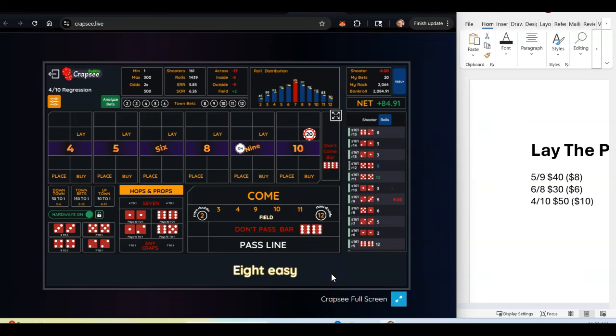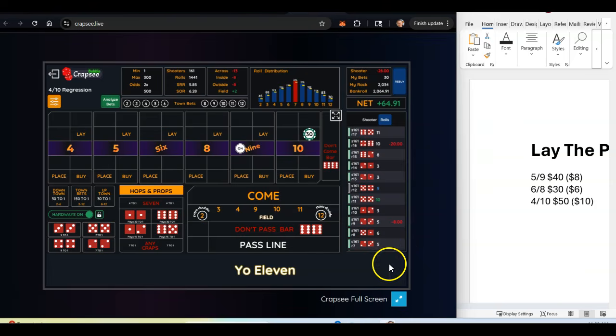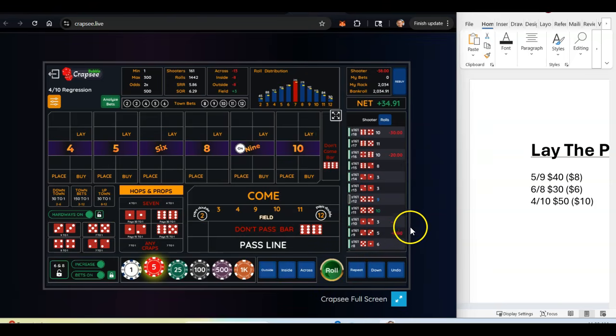8 easy. Come on. 7 out. 10 easy. Uh-oh. There we go. So we got to go to level 3 on the 10. So here we go. Yo 11. 10 easy. Uh-oh. Now, what would I do in this situation?